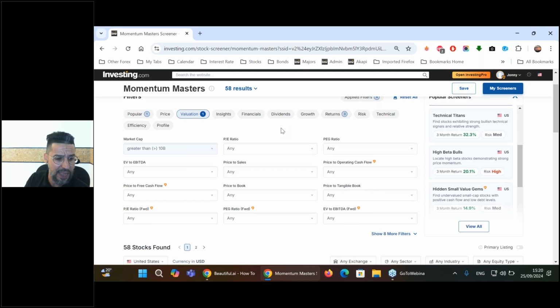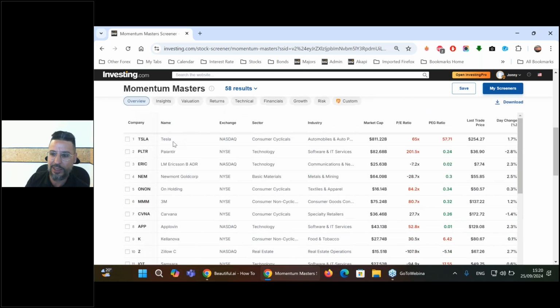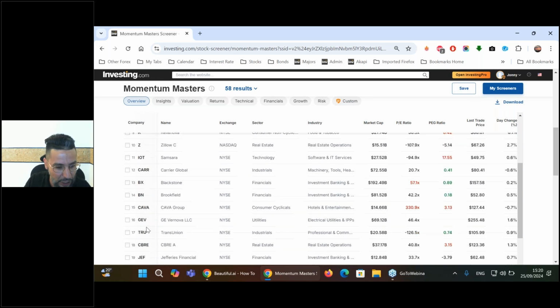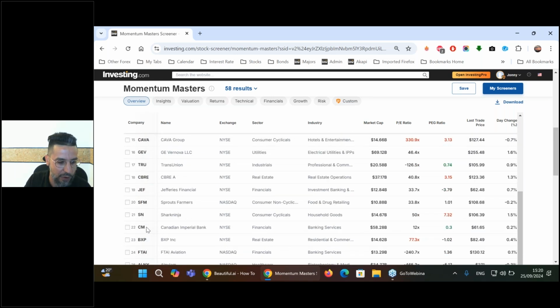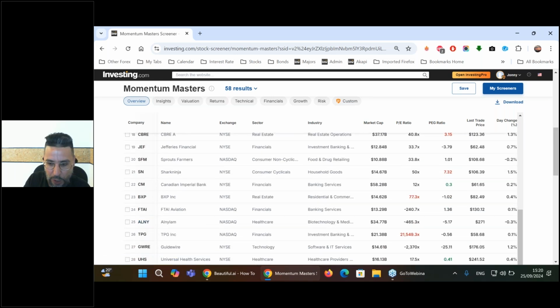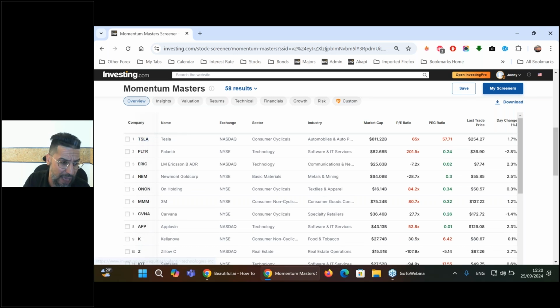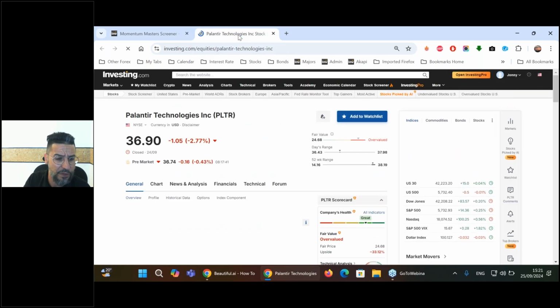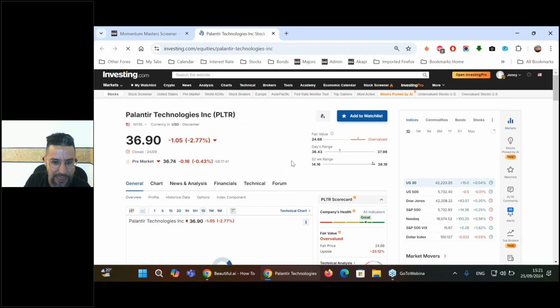So 58 stocks right here, and look at this: Tesla, Palantir, Newmont Gold Corp, 3M, AppLovin, all these names have been rallying strongly over the past 3 months, pretty much. Tesla, of course, Palantir. What a name this has been this year. It's up over 100%, I believe 115% actually, to be exact.